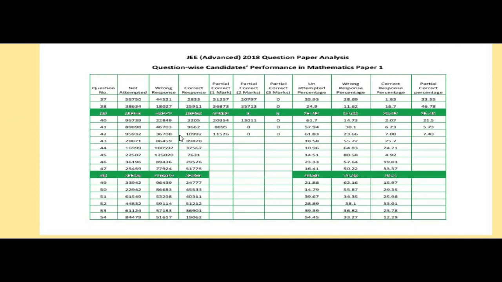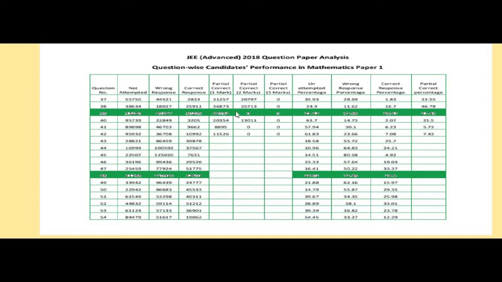In this question, have you noticed, even though it is a repetitive and memory-based question, 33,240 students didn't attempt this question, and 49,117 students gave a wrong response. The correct response was only from 30,000 students.